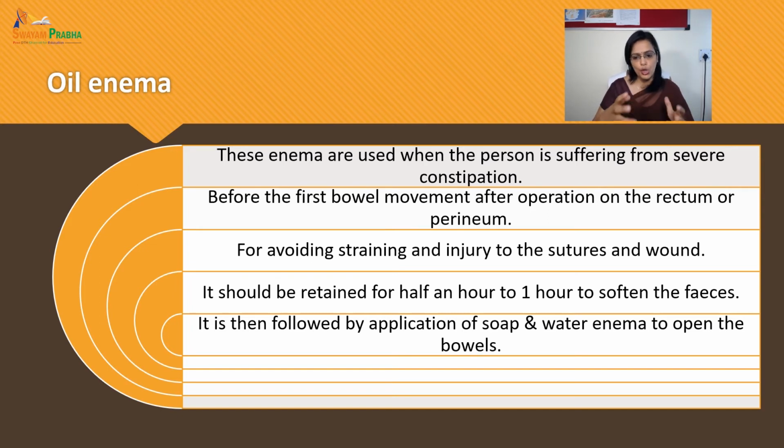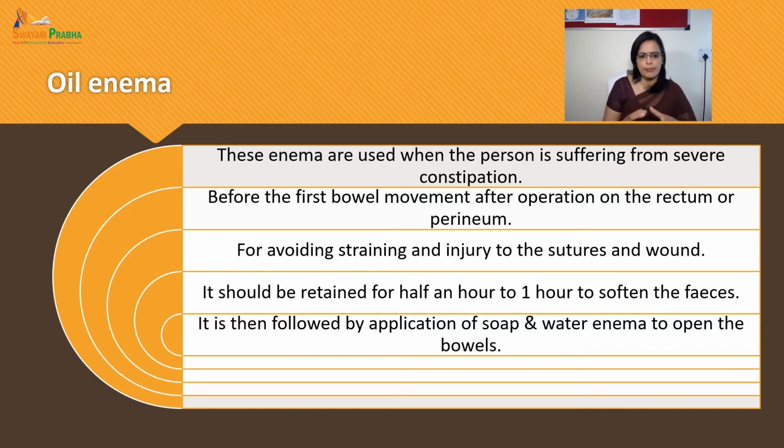Now moving to oil enema. These enemas are used when the person is suffering from severe constipation, before the first bowel movement after operation on the rectum or perineum. After a surgical operation, when the patient needs to pass the bowel for the first time, this oil enema is used for avoiding straining and injury to the sutures or the wound.